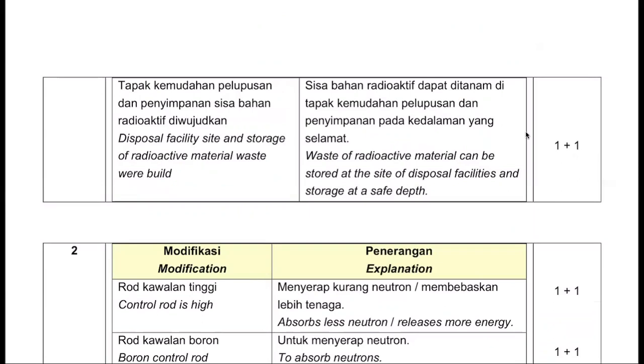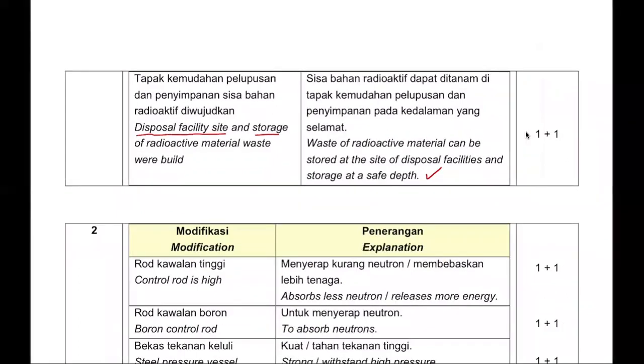You should suggest building a disposal facility site and storage. The reason is waste of radioactive material can be stored at the site of disposal facilities and storage at a safe depth. So that is how you suggest, and then you can get 10 marks.